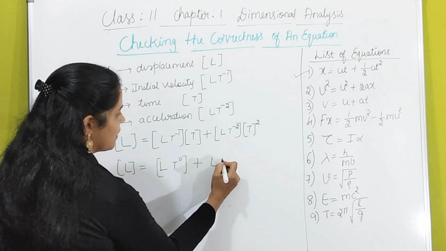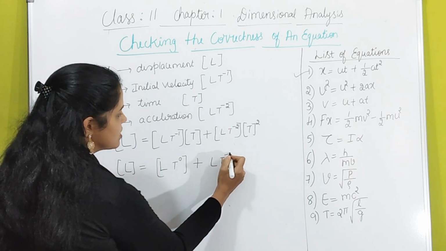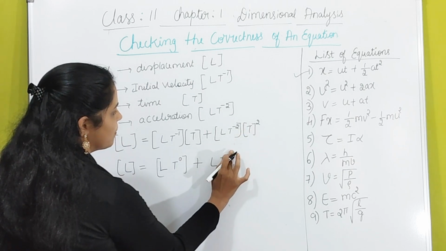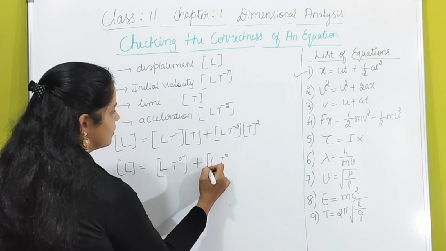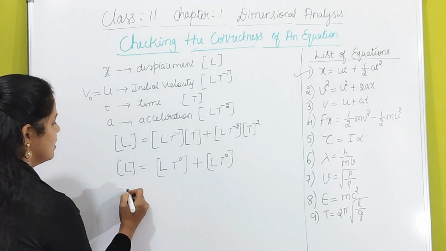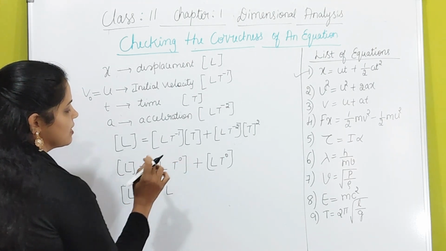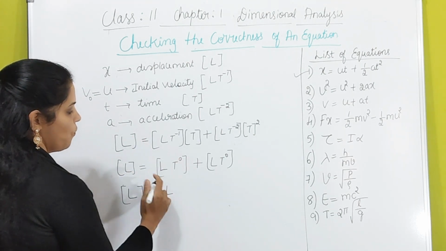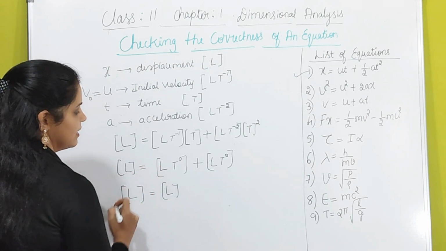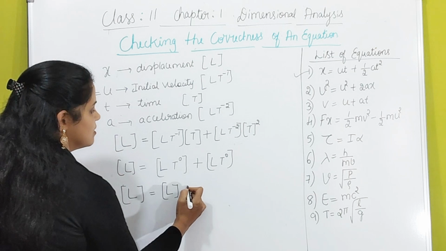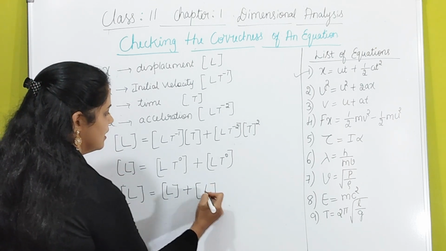Similarly, here the next one is t to the power minus 2 and here t to the power plus 2. Add that. Minus 2 plus 2 is again 0. So here this is L to the power 1 and here L, T to the power 0. Anything to the power 0 is 1. So therefore we are not writing that again. Similarly, the next one is also L.